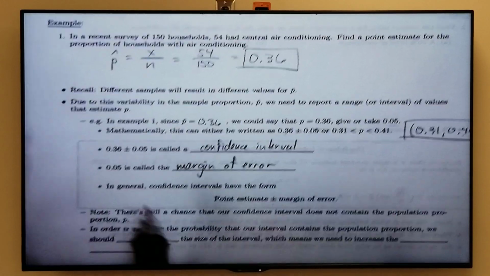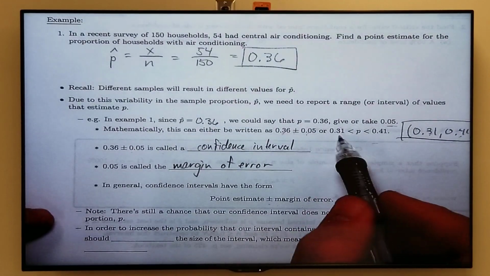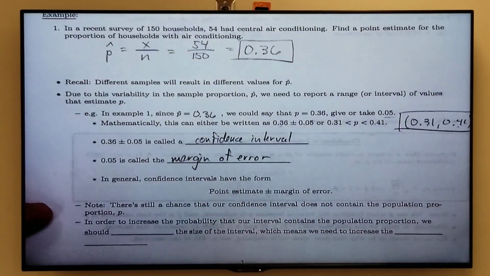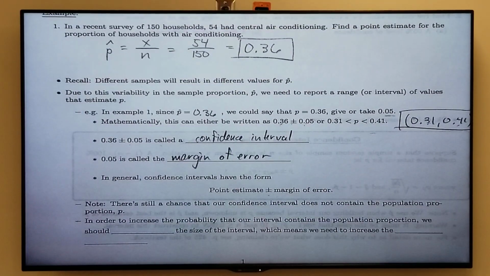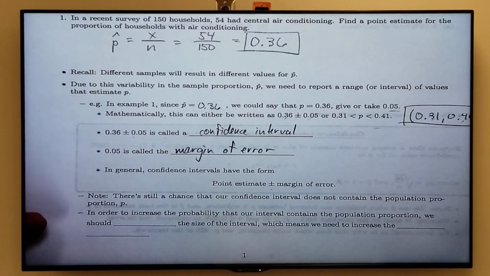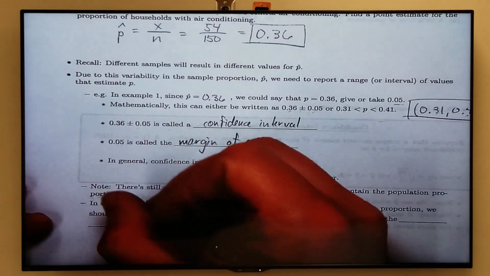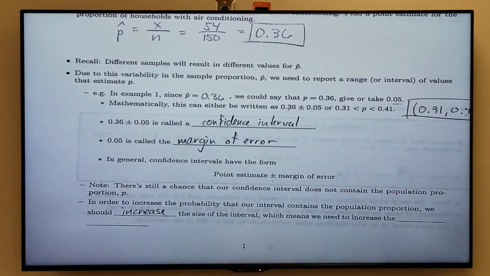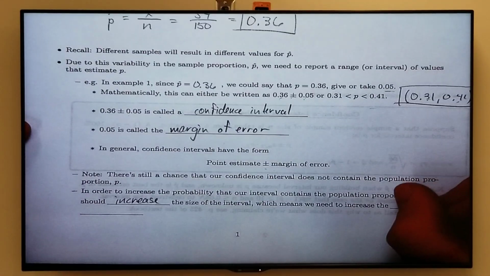You may note that even though we've reported an interval now, there's still a chance that our confidence interval does not contain the true population proportion. If we wanted to increase the probability that our interval contains the population proportion, we should increase the size of our interval. To do that, we would need to increase the margin of error.